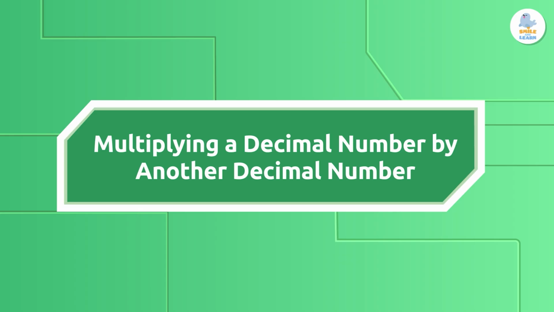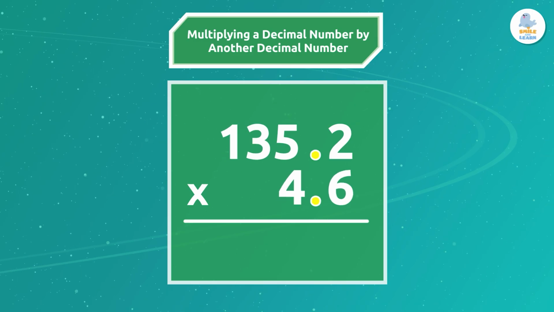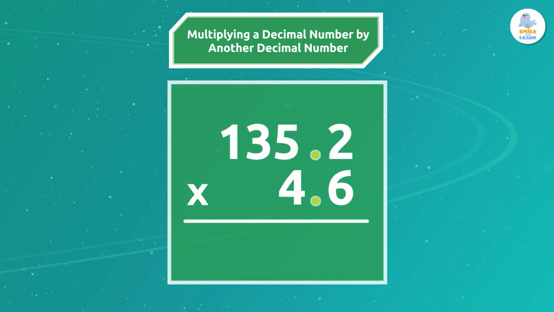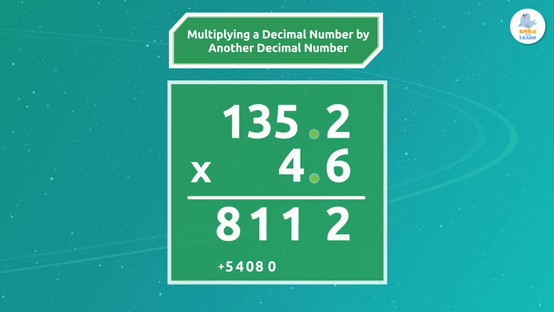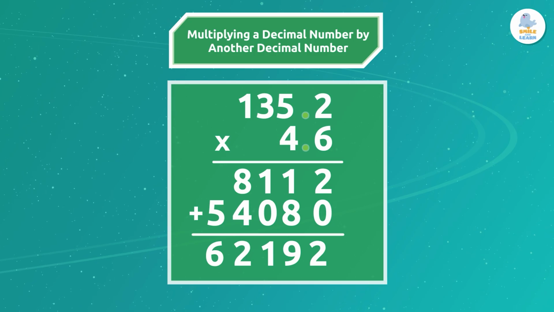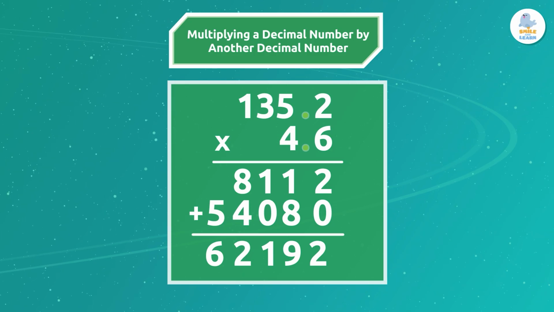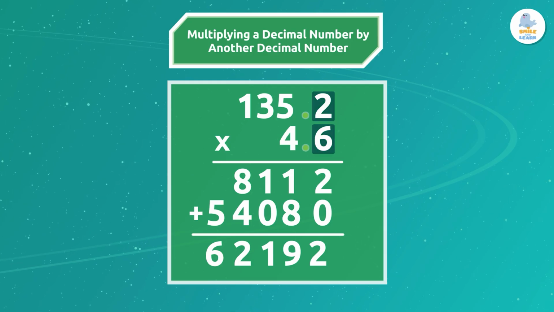Multiplying a decimal number by another decimal number. In this case, both numbers have decimals. First, we multiply as if the decimal points don't exist. Now we have the product. We count how many decimal places there are in the 2 factors of the multiplication problem. 1 and 2.